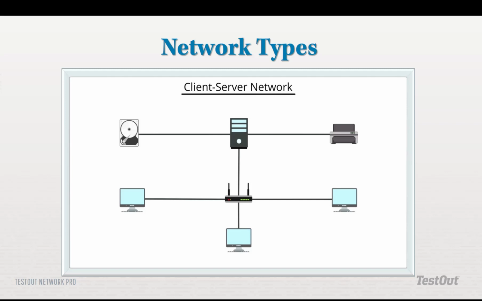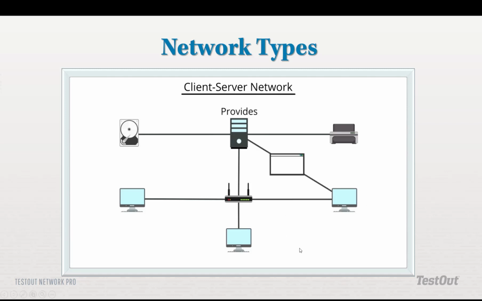Everybody logs in. So if you're here and you log in and your permissions are set and your files are set and your printers are set, then you go over here and log in. All your files are still available because they're stored on the server and you still can print.